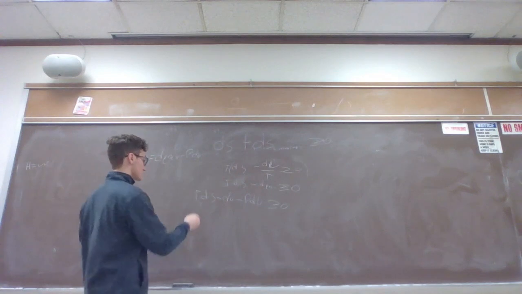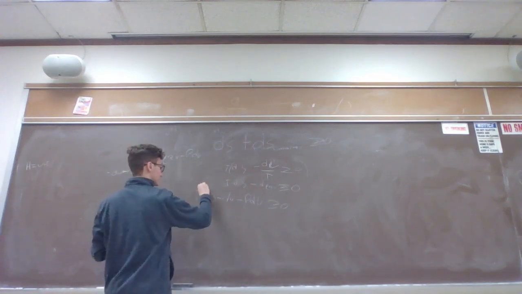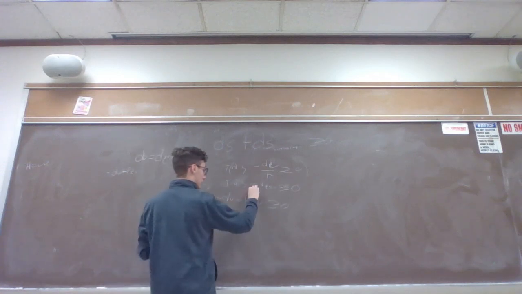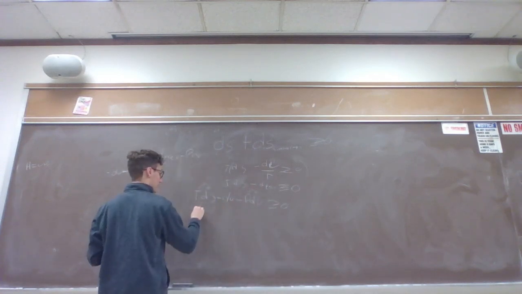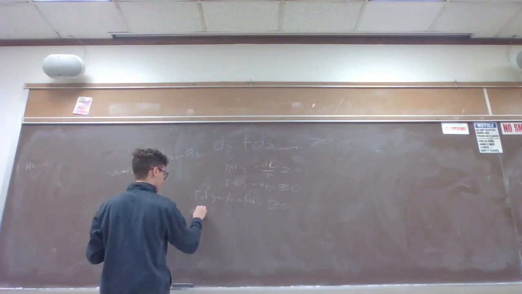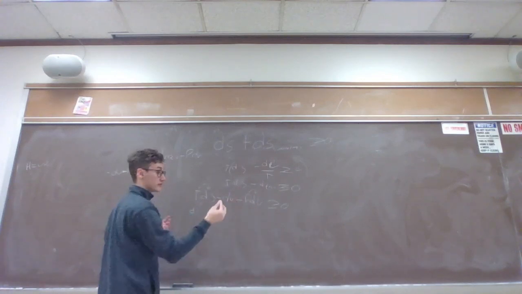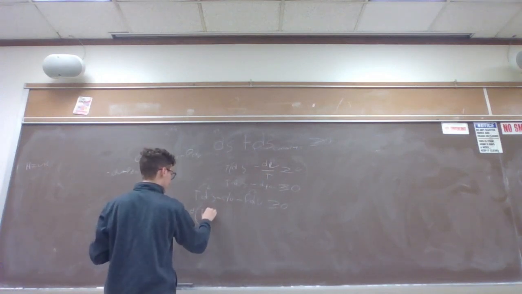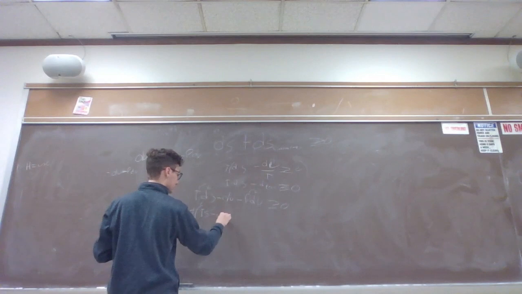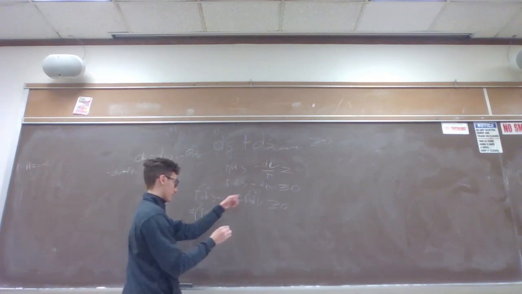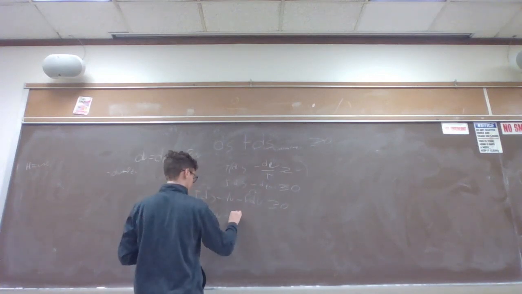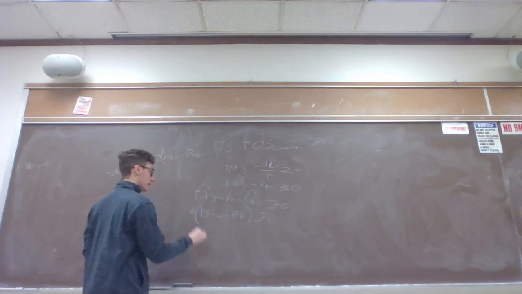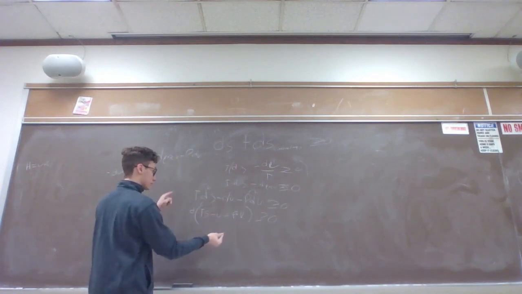And now what we can do is we can start putting some of our variables into our differentials. So our T will go into here, and our P will go into here. Actually, everything will have a d in it now, so we can take that. So we'd have d of TS minus U minus PV, and that's still greater than or equal to 0. But we don't like all of these negative signs, so we're going to flip the sign.